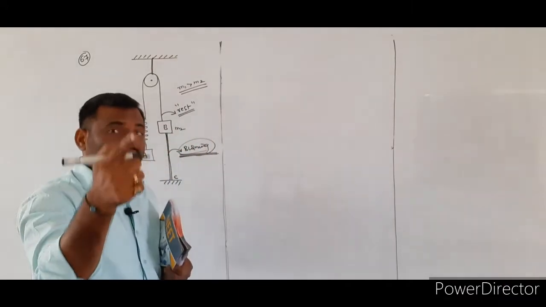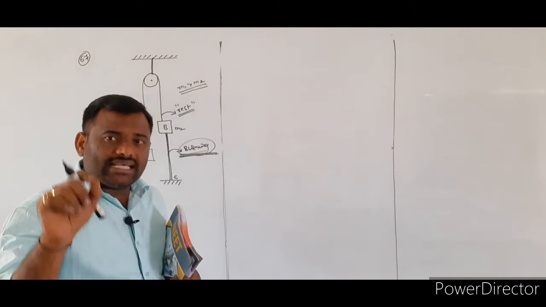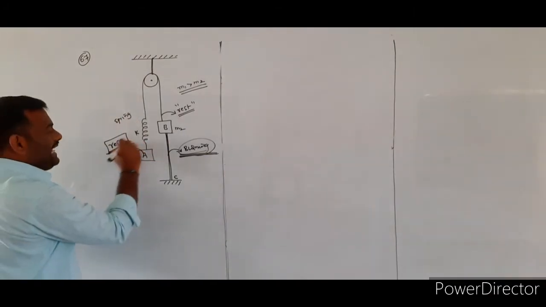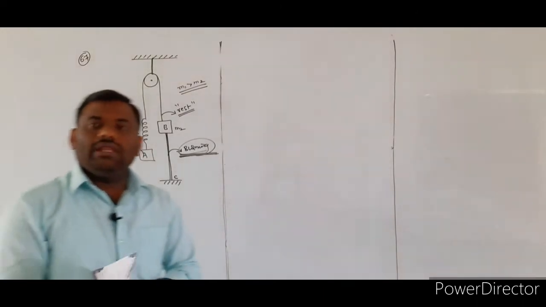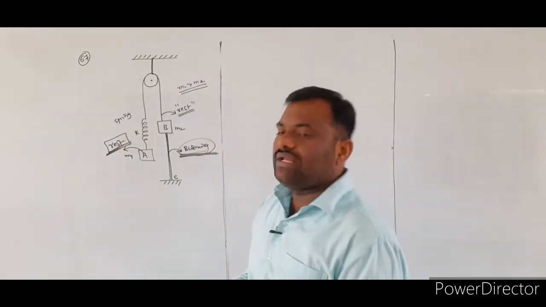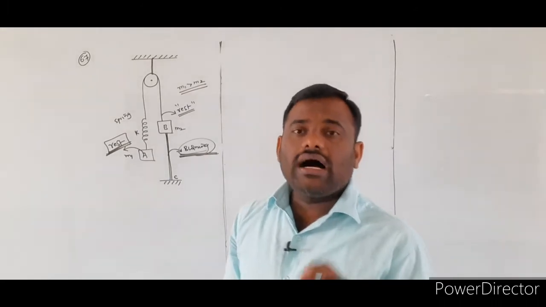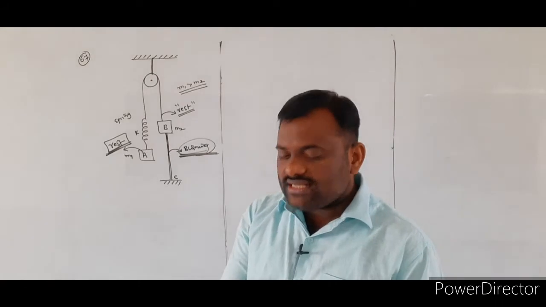But they mentioned the condition just after burning the thread. So after burning the thread, due to the property of inertia, the mass m1 will be in the state of rest, so the acceleration of the mass m1 is equal to what? 0 after burning of the thread. So this is problem number 67.